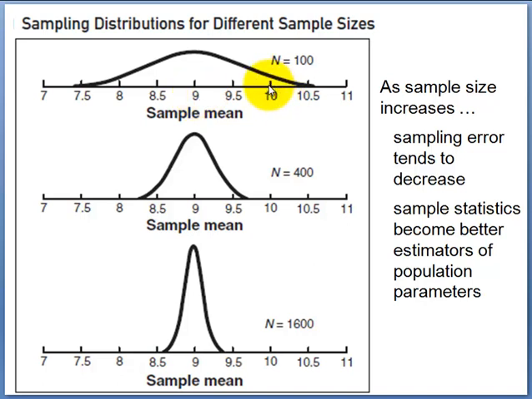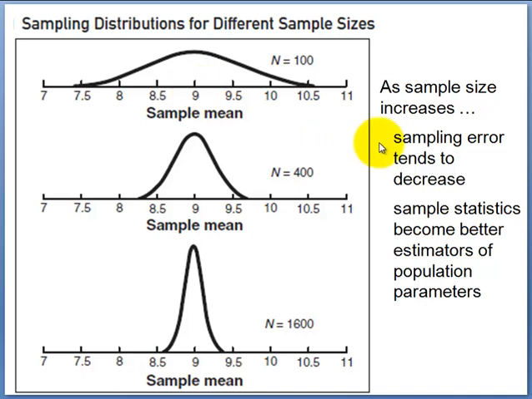Suppose a given random sample had a mean of 10. Well, then the sampling error would equal 1. Now, on the other hand, if a sample mean was much closer to the population mean, perhaps a sample mean is 8.75, then the sampling error would be minus 0.25.